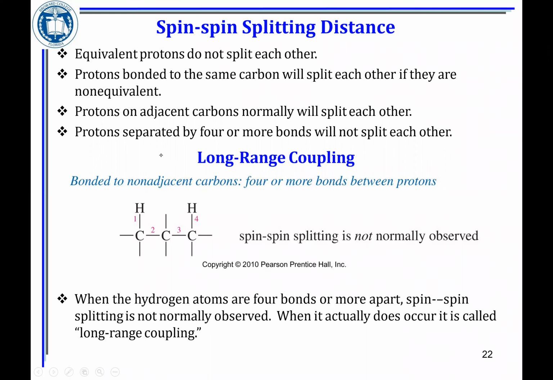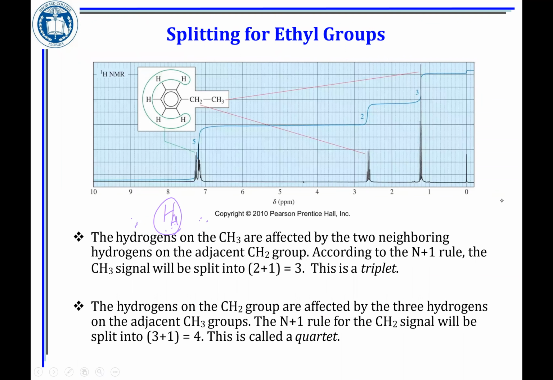So this hydrogen is going to be split by hydrogen A, but not hydrogen 4. So it would be split by hydrogen 1, split by hydrogen A. But hydrogen A is going to be split by hydrogen 1 and hydrogen 4 because it counts both sides. Questions?